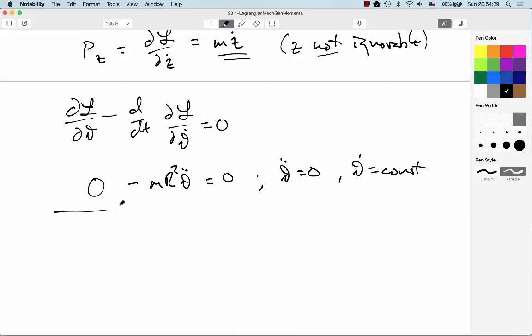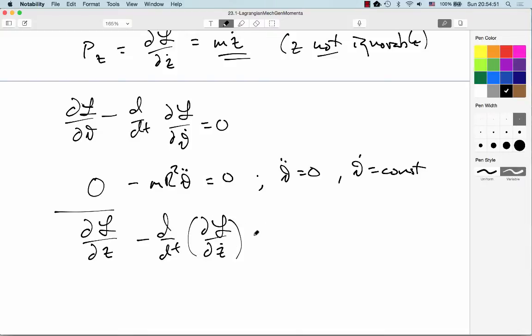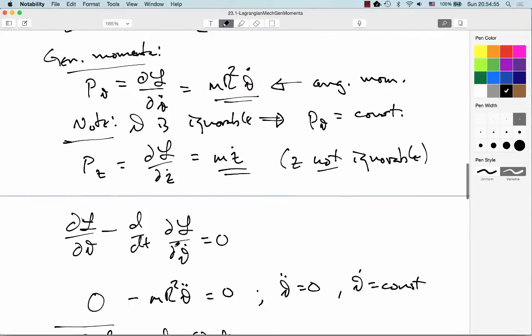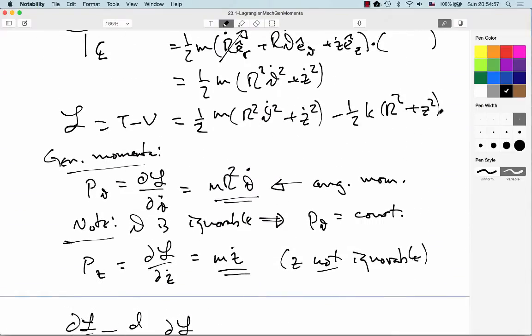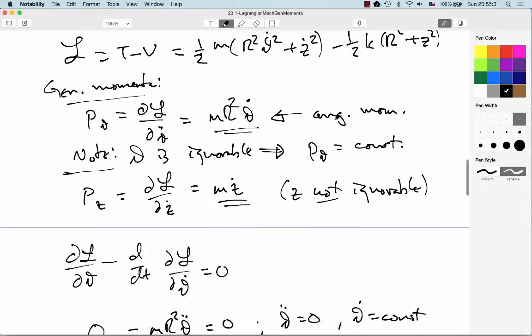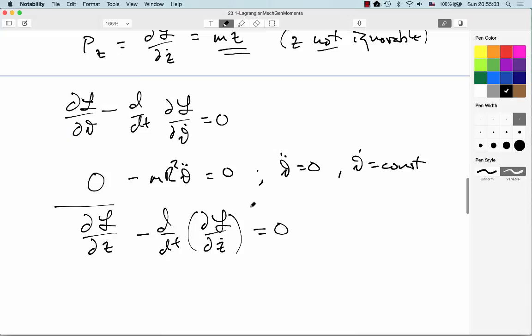Let's go ahead and do the z motion. Partial L partial z minus d/dt of partial L partial z dot equals 0. So there is a z in the Lagrangian. I differentiate that, bringing down a 2 to cancel the half, so I'm going to have minus k z.